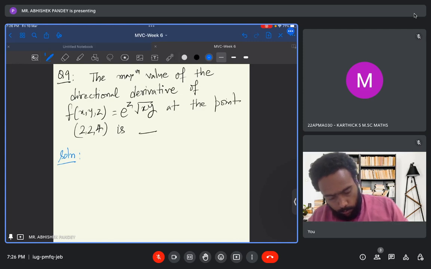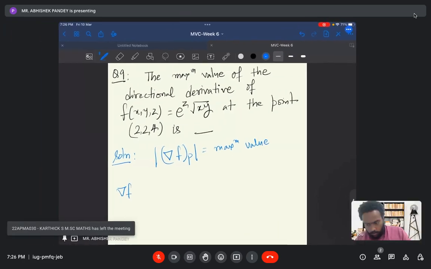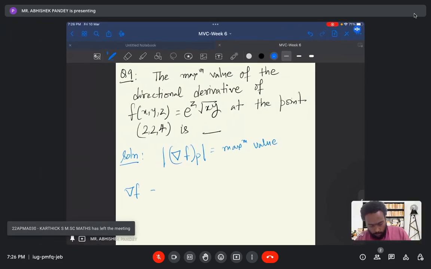Okay. So for this one, we already know the maximum value will be del f at point P. We have to find this one. Okay. This is the maximum value. So first let us find this one. So this is nothing but, so e to the power z root over xy.